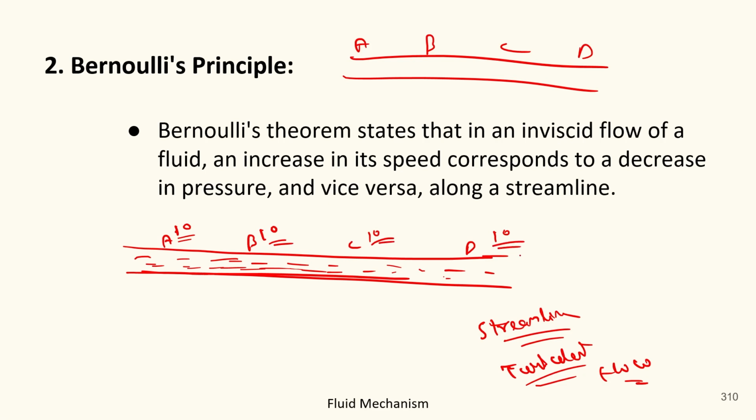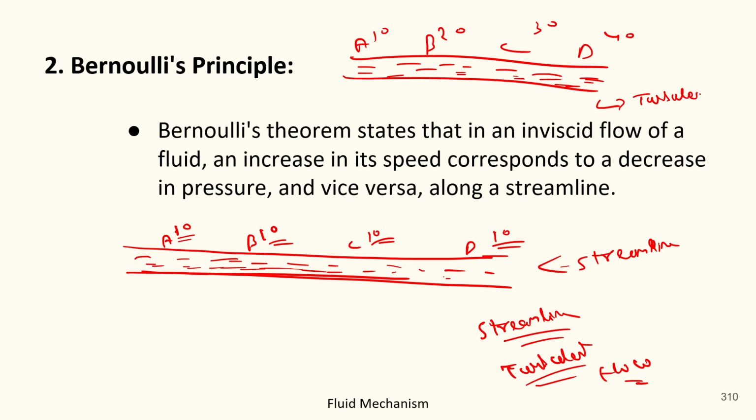But in case of turbulent flow, the flow of liquid at every point will be different. At A it is 10, at B it is 20, at C it is 30, at D it is 40. So this scenario comes under streamline flow, and this scenario comes under turbulent flow.